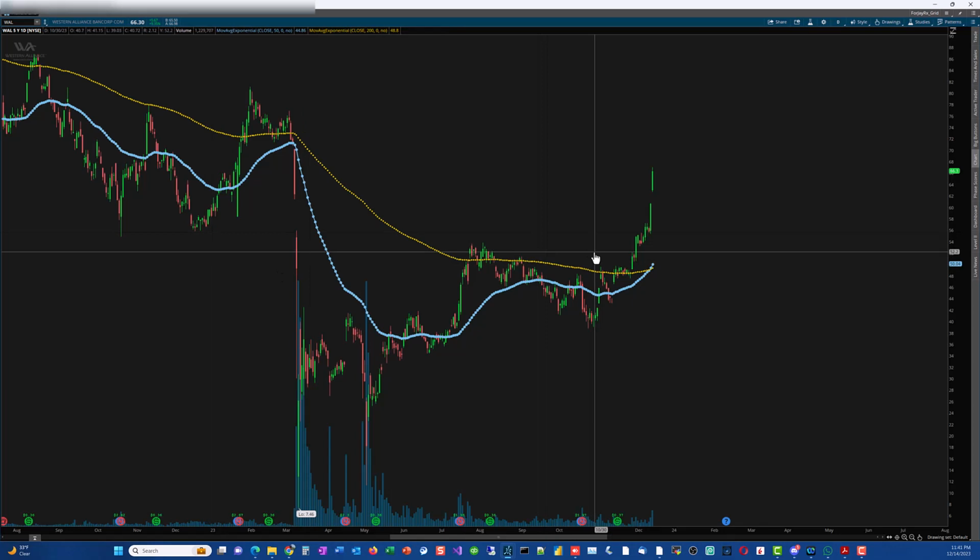You always know your risk. In this case, I'll probably look at 55 as a risk marker for myself. Depending on your appetite and your account size, you want to make sure you put the risk in place as well. But this is a pretty clean, straightforward approach to finding a swing trade for yourself.